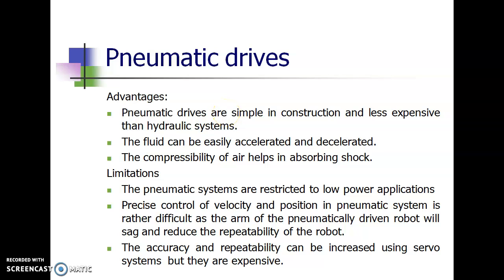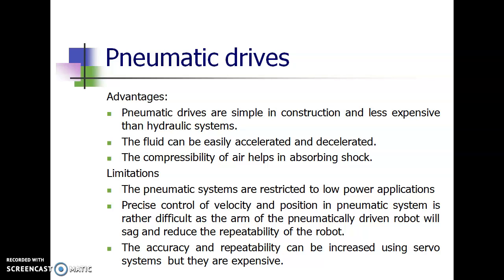Again, the advantages of pneumatic drives: they are very simple in construction and less expensive than hydraulic systems, because the pressure in the pneumatic system is limited to nearly 10 to 20 bars.